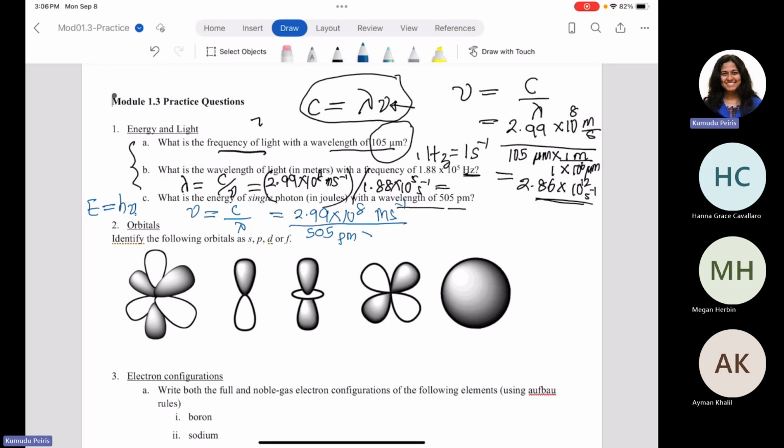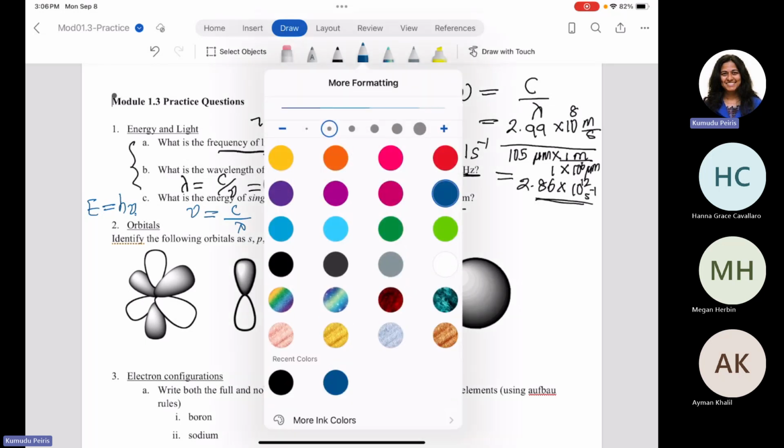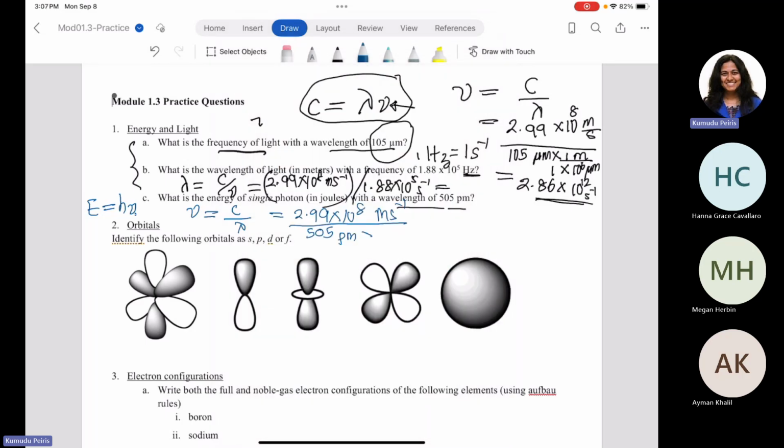Like 1 meter equals 1 times 10 to the 12th picometers. So picometers to picometers will cancel out and we'll get meters.